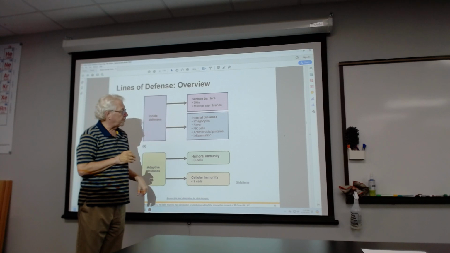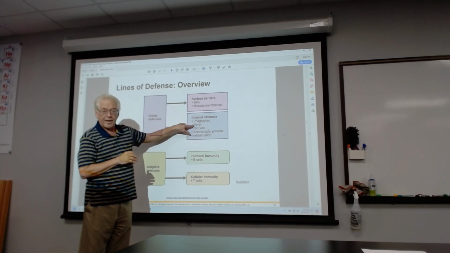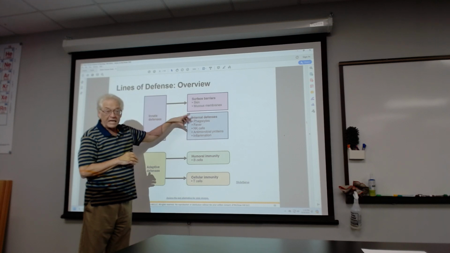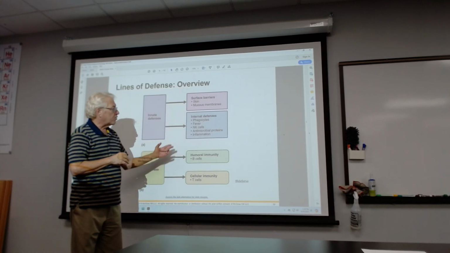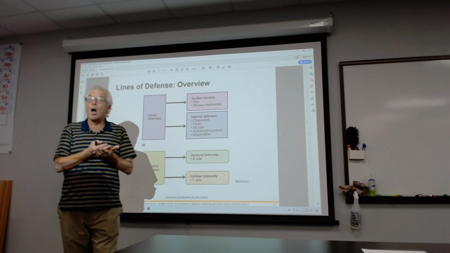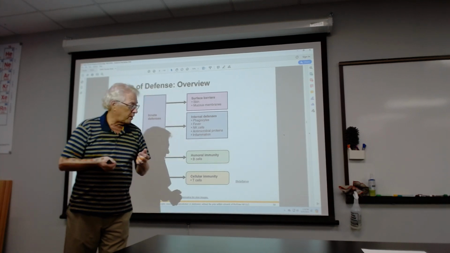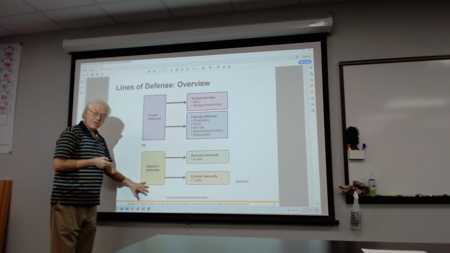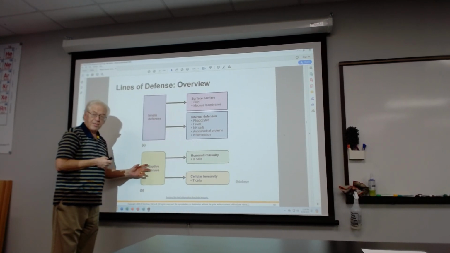Again, non-specific. The fighter doesn't care who the bad guy is. Natural killer cells don't. Phagocytes just eat. And of course you have your antimicrobial proteins and inflammation, like complement and interferon, which I'm sure we talked about last time.